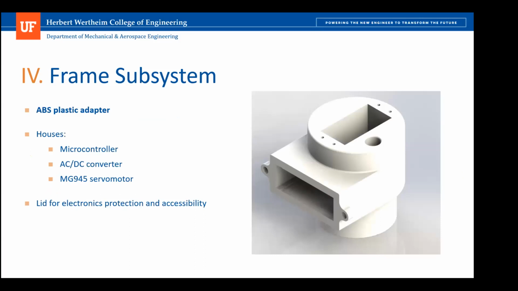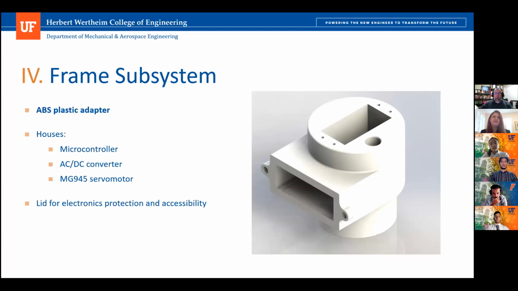An ABS plastic adapter mounts onto each pipe and connects the mirror and controls assemblies to the frame using an epoxy adhesive. It includes an enclosure for housing the azimuth servo motor, an enclosure for housing the microcontroller and AC to DC converter, mounting holes for self-tapping screws into the ABS, and an opening that allows for the lid to be screwed into the ABS, making the controls components easily accessible while protecting them.